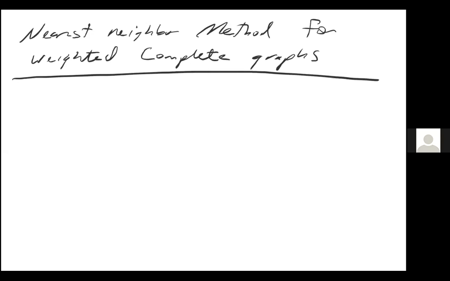Okay. So this is a complete graph. And we're going to do an example and review how it works. Okay. So for the nearest neighbor method, take a simple example here where I create a complete graph like this.